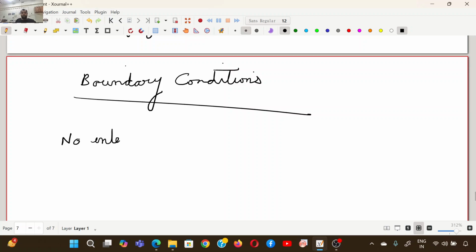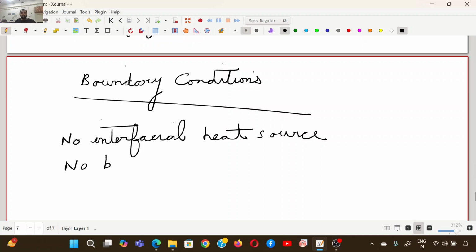No interface with heat source. There is some interface separating the two media, right? So there is no heat source in that particular interface. Also, no bulk flow across the interface.